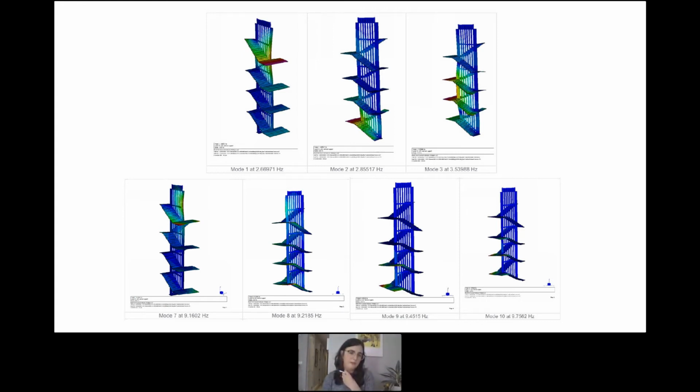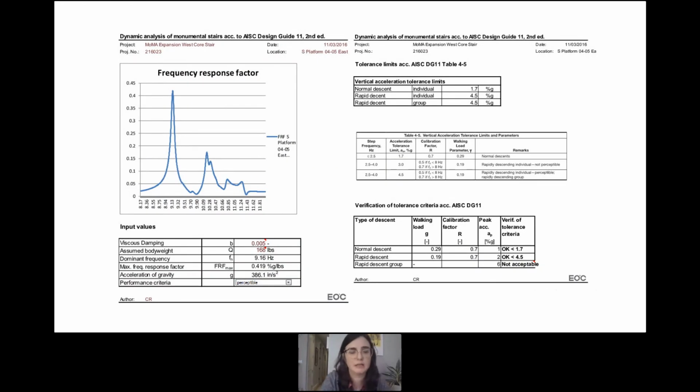And so, for each of these modes, we then had to pick a point where we think, and we obviously had to try several to get the worst case, where the forcing function would have the largest impact on the structure. And then we would go in and analyze that mode.